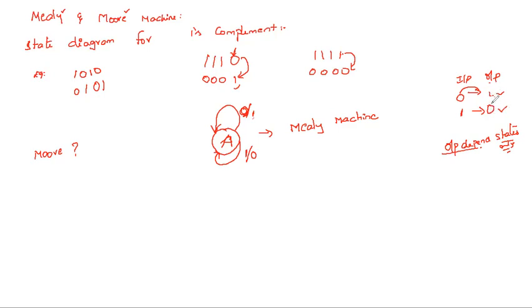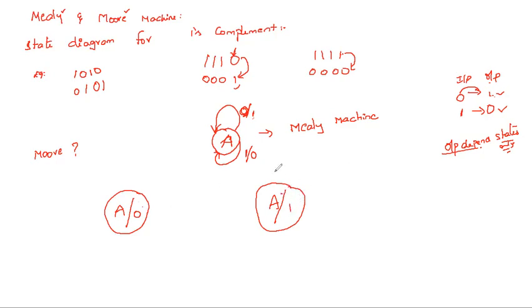I am taking two states. So A with output 0 is one state, and A with output 1 is another state. We have two states, output with 0 and output with 1.